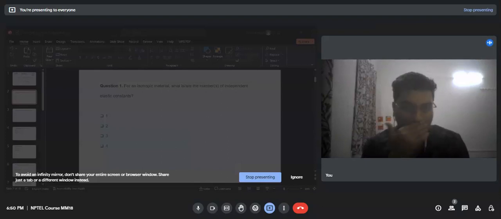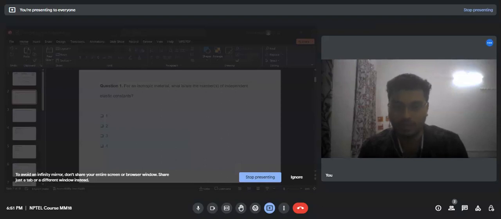The Young's modulus and the Poisson's ratio of the material are 200 gigapascal and 0.3 respectively, and the change in the volume of the block in mm cube is asked. So we have to find the change in the volume in mm cube.